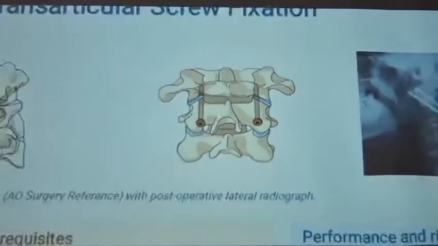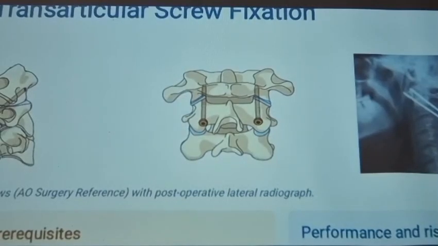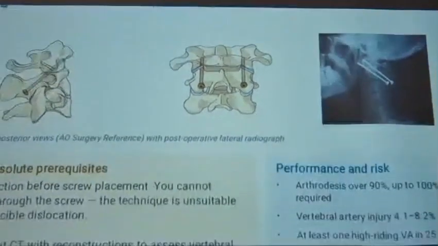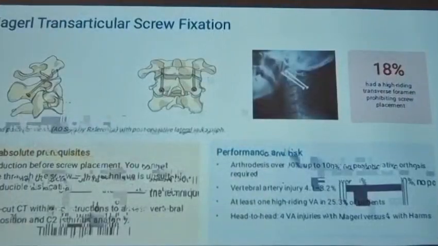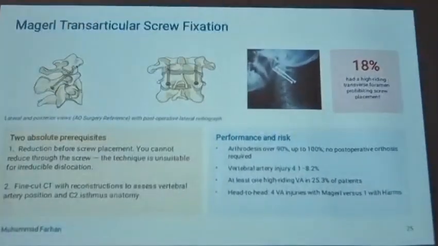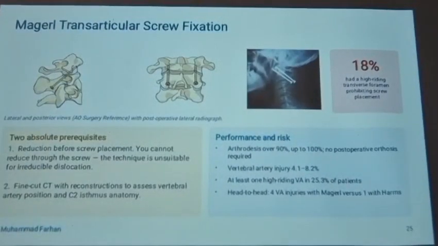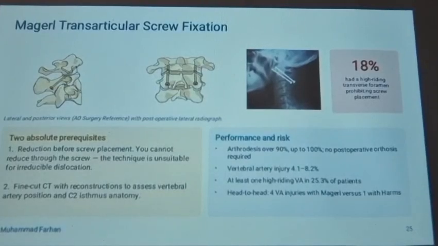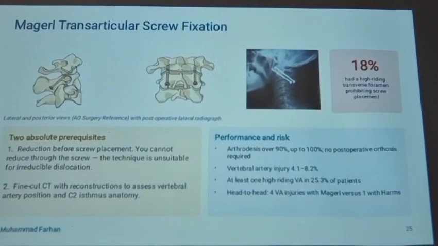Through this, fusion is achieved, and usually these articular surfaces are fixed. We should do the reduction before screw placement, and we cannot reduce through the screws, but we can fix C1 C2 after reduction through these screws.